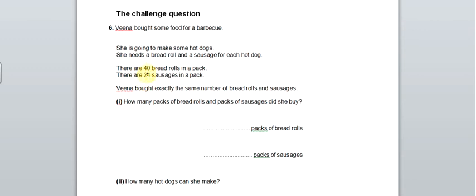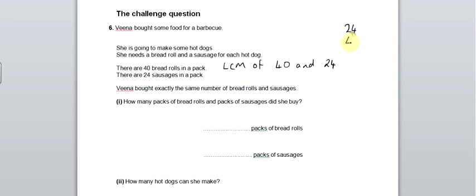So what we're after here, we're after the LCM of 40 and 24. And I'm going to do it differently to how I did it before. I'm going to actually do it possibly a long way, but this is another way of finding LCMs. So first of all, I'm going to go down to 24.